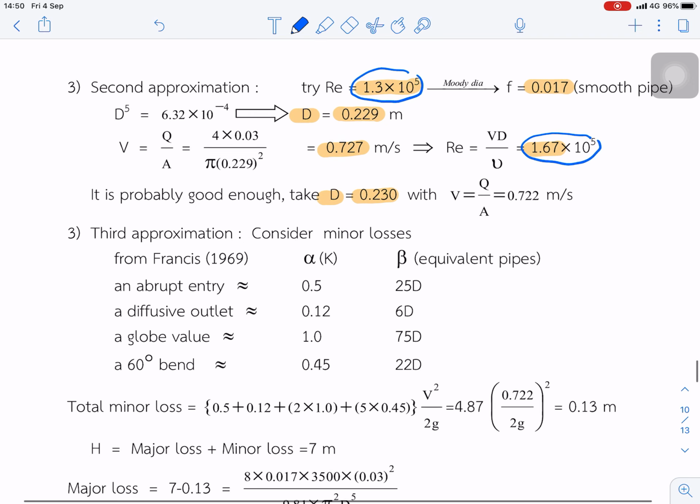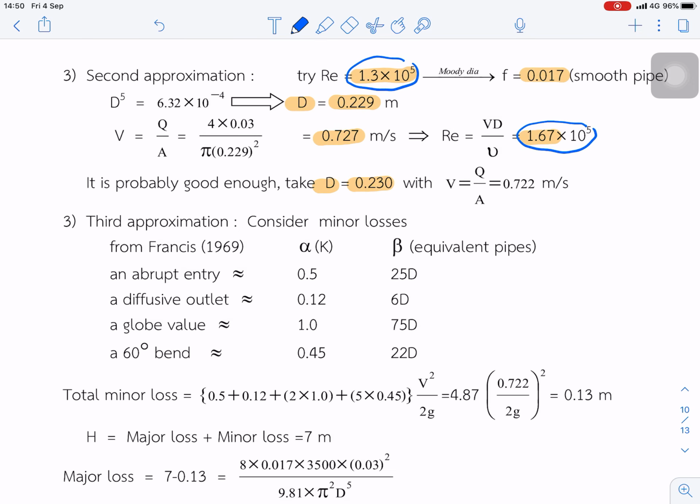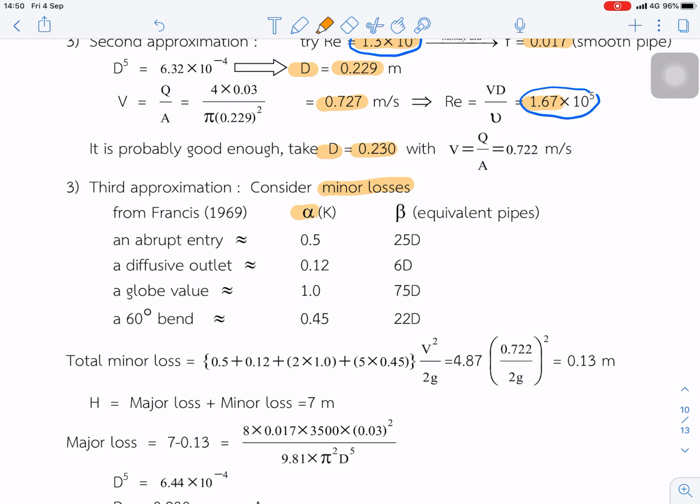And next we think about including the minor loss in the equation. So this is the minor loss that we read from the table, and this is for the equivalent pipe, a factor times the diameter.